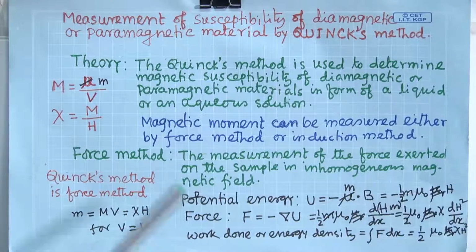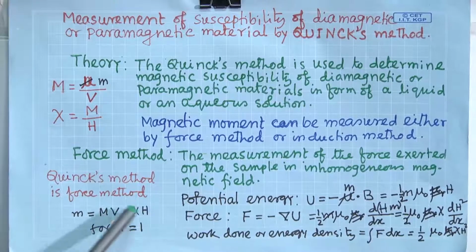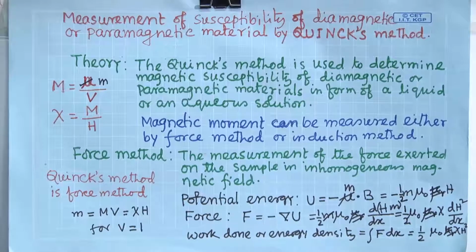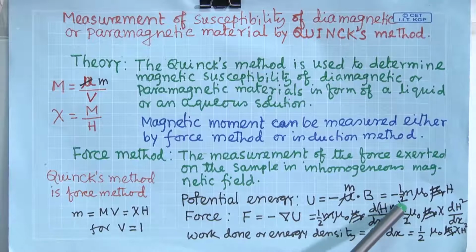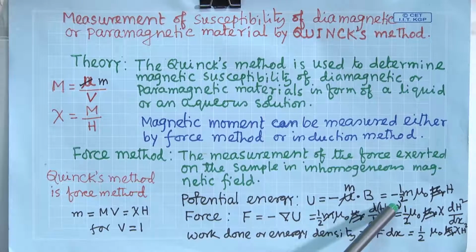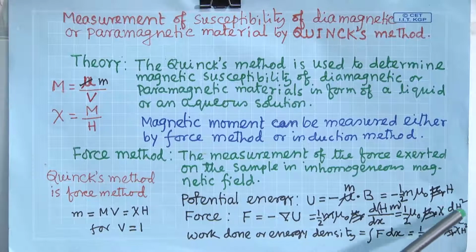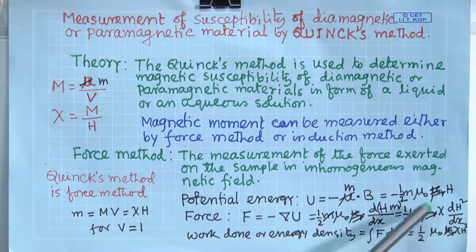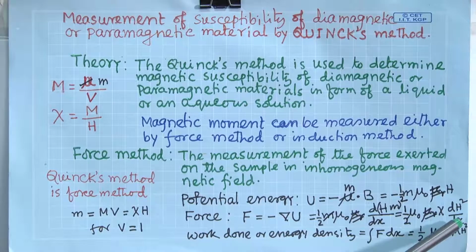Now, I am searching where is V. So, for V equal to 1, for unit volume, if we consider unit volume, then m is chi H. So, chi H square, where chi is constant, so dH square by dx.